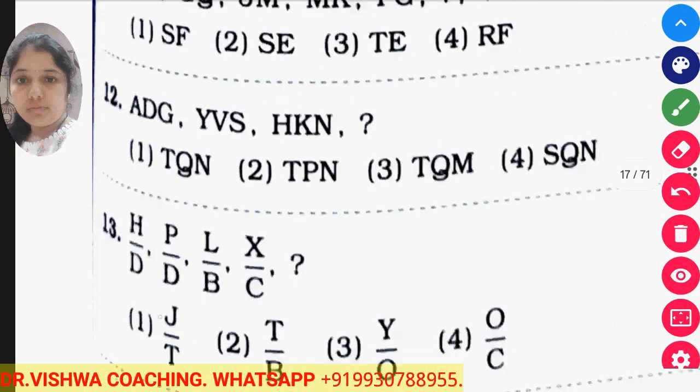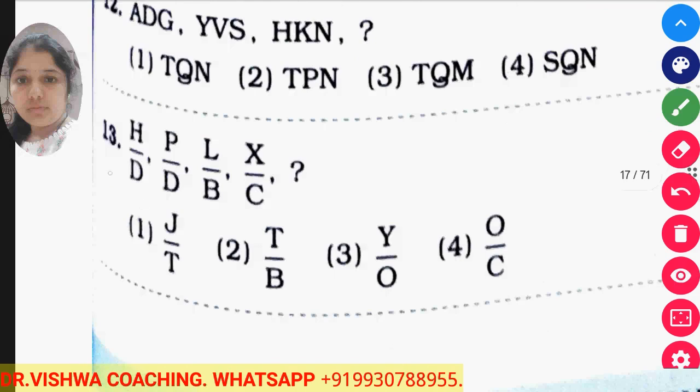Now we will directly see the fraction wala sum. Now see, H upon D, means H is at 8th position, D is at 4th position, we get the answer as 2. P is at 16th position, 4th position for D, so we get the answer as 4.